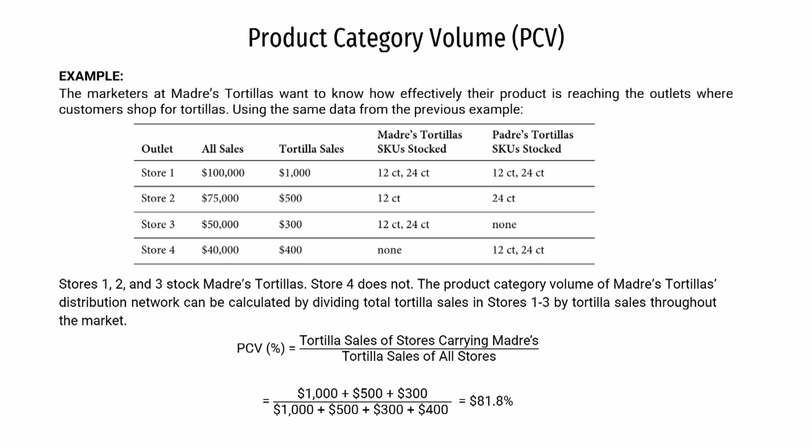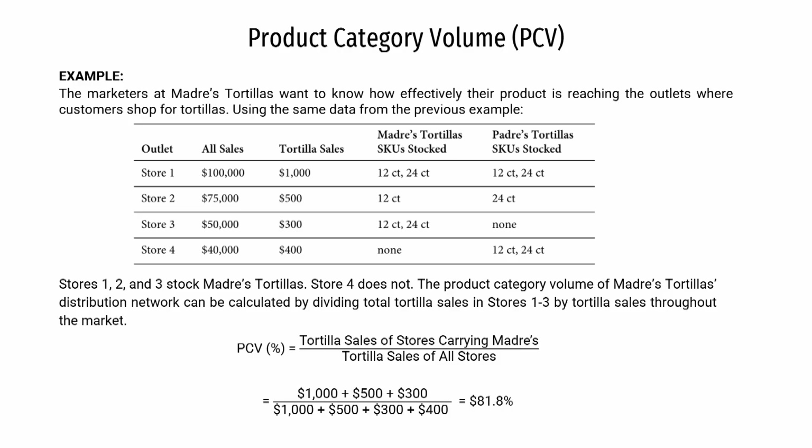The product category volume of the Madras tortillas distribution network can be calculated by dividing the tortilla sales in stores 1 to 3 by tortilla sales throughout the market.